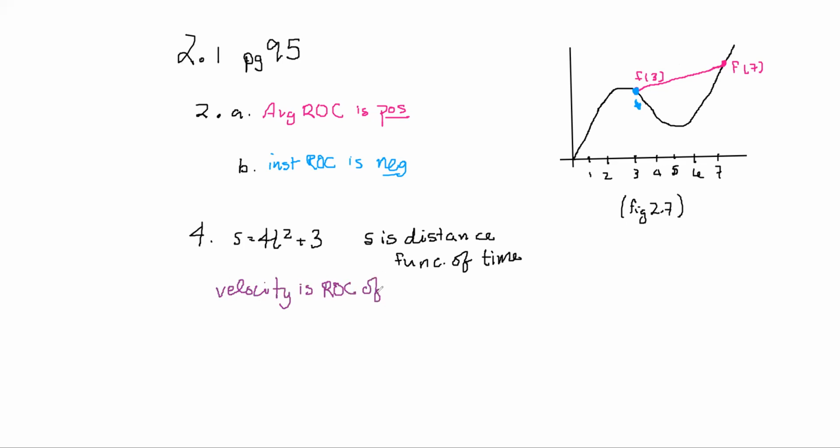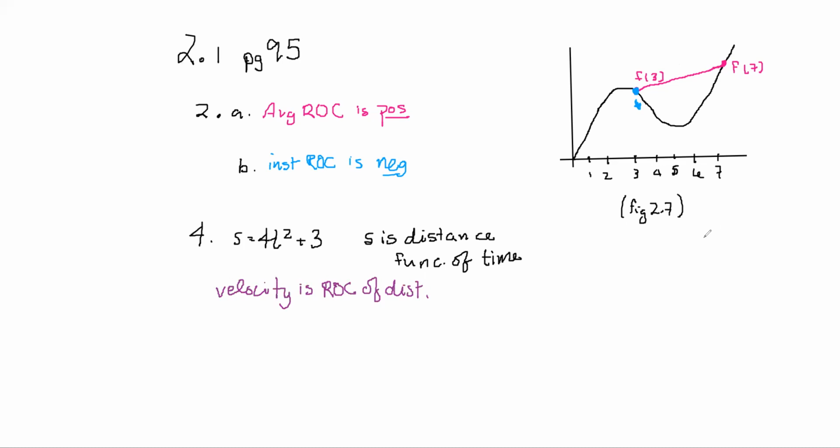The velocity is the rate of change of the distance. And that's something that they're going to use, language-wise, that might not be entirely clear. But if you see something that says you have a particle and it's moving a distance, and then they want you to find the velocity, what they want you to consider is the derivative or the rate of change.